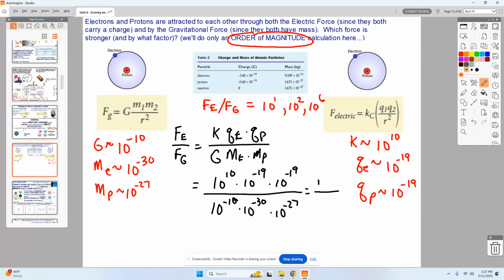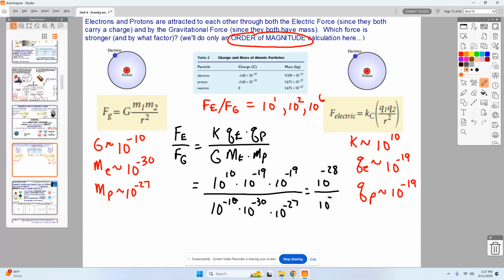The nice thing about this is that when I'm multiplying powers of 10, all you do is add those exponents. What does the numerator turn into? Negative 38 plus 10, negative 28. The denominator?